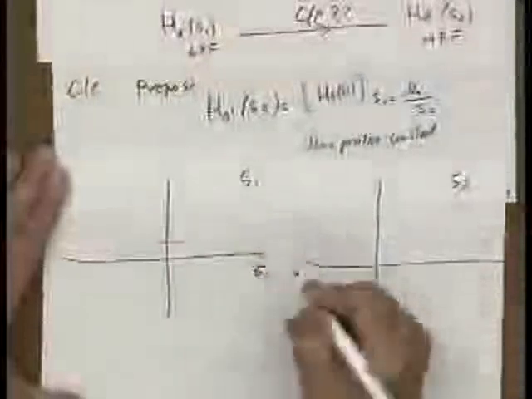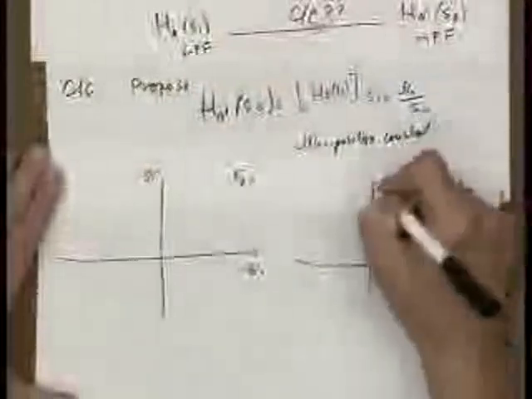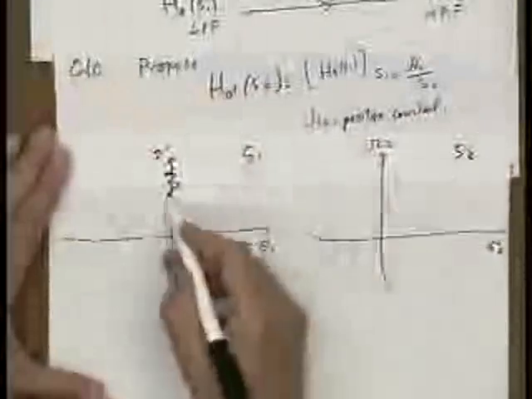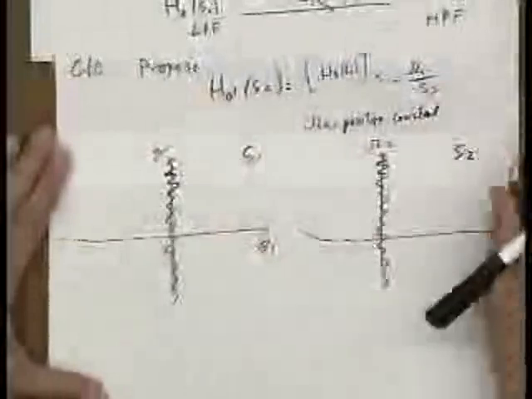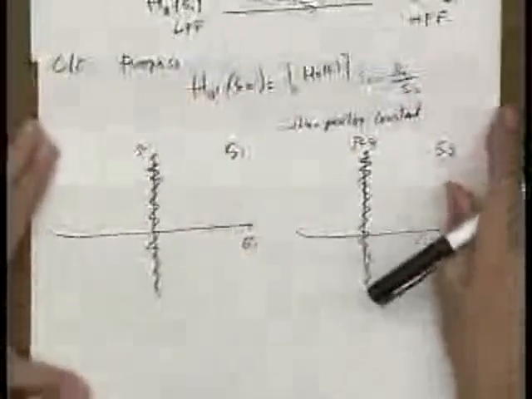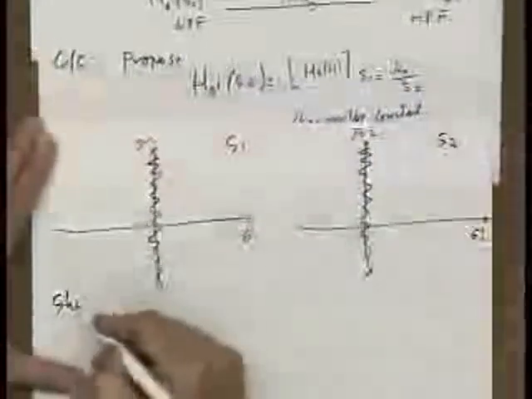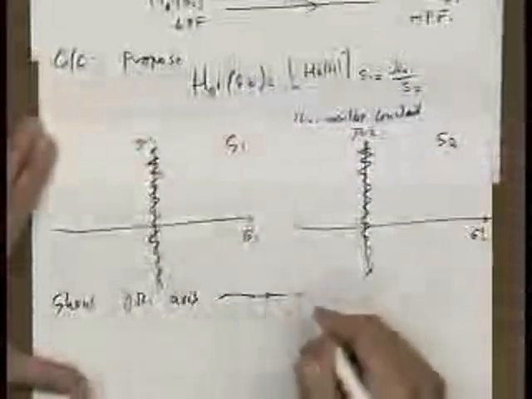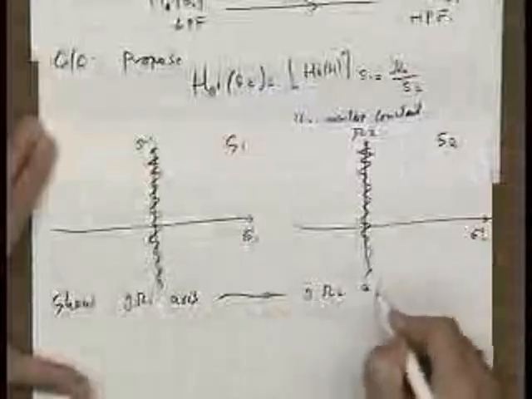The S1 plane has sigma 1 plus j omega 1, and S2 has sigma 2 plus j omega 2. And the question I'm asking is, does this axis here get mapped into this axis using this proposed transformation? So let's show that the j omega 1 axis is transformed into the j omega 2 axis.